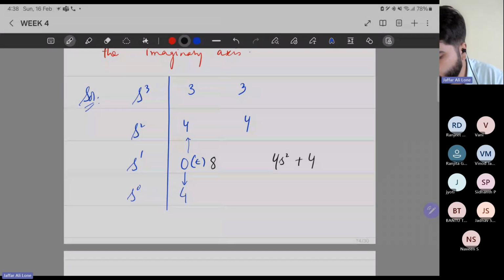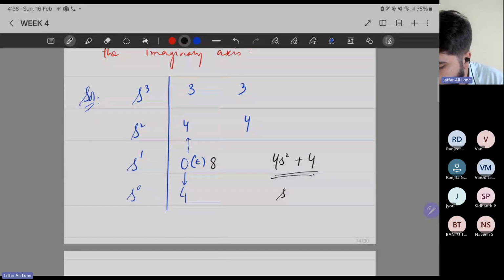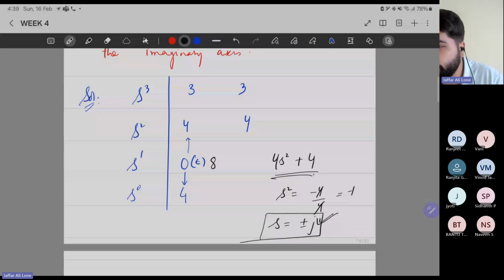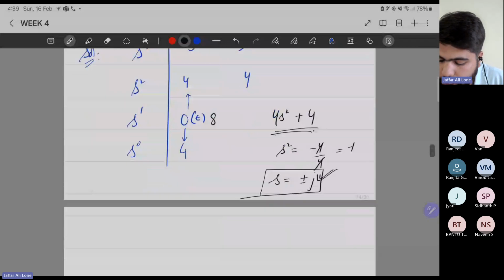If you solve this auxiliary equation, s square is minus 4 over 4, that's minus 1. So s is plus minus j. It means they're not repeated poles. They are simple poles on the imaginary axis. It means my system is marginally stable.